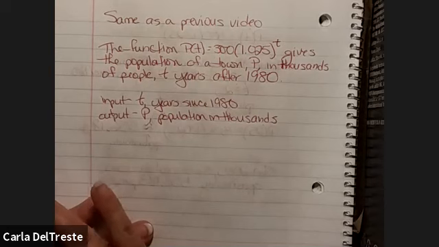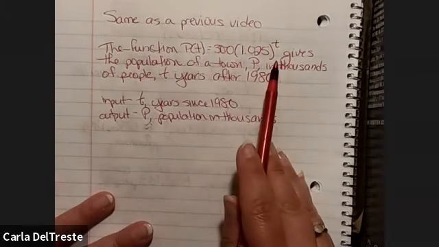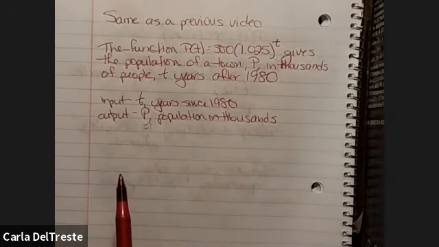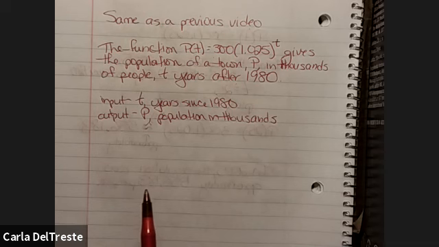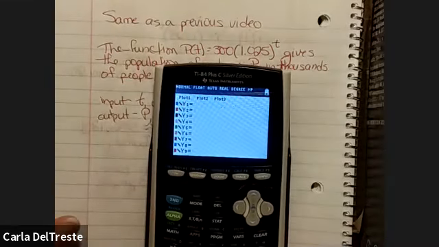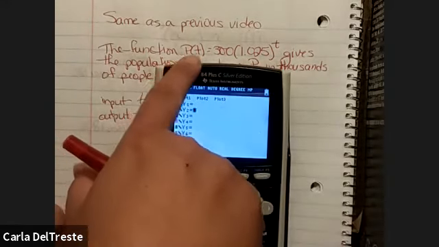Now, we did this problem in a previous video, but now we're going to do it using technology. So what I'm going to do is graph this function. First I'll use the graphing calculator. I'm going to go back into y equals, and I'm going to put this function. Now I can't type p of t.